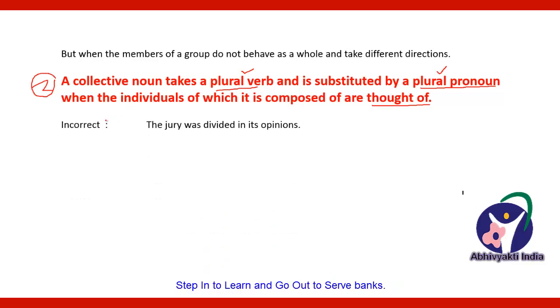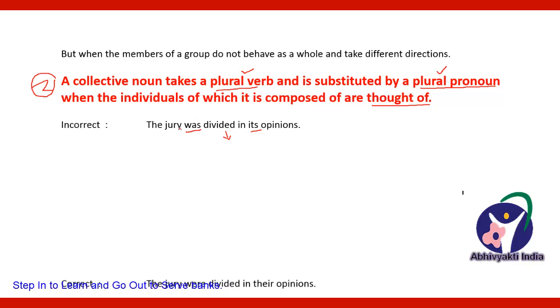See here: the jury was divided on its opinion. The jury was divided because divided means they have different opinions, and so here the correct will be what?